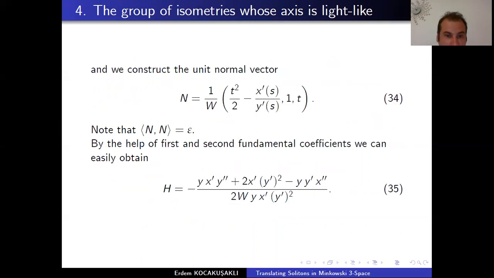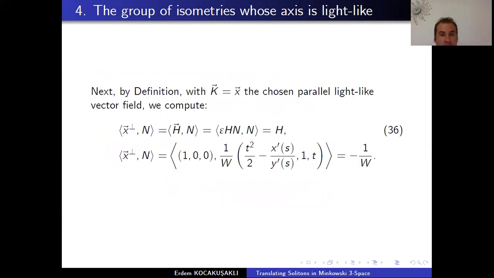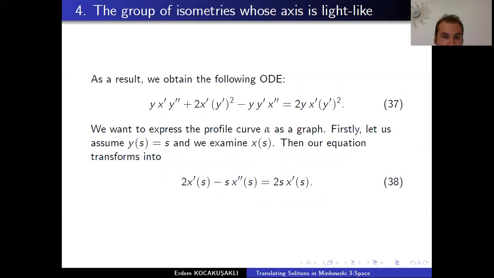We can easily compute the unit normal vector, and we obtain the mean curvature function given in equality 35. Next, by using the definition, we have equality 36. And then we can obtain the ordinary differential equation given in equality 37.